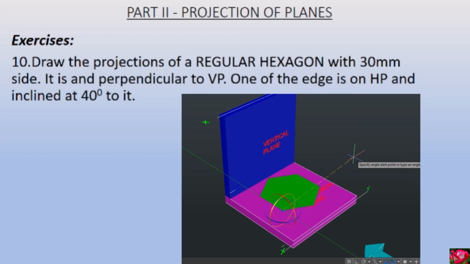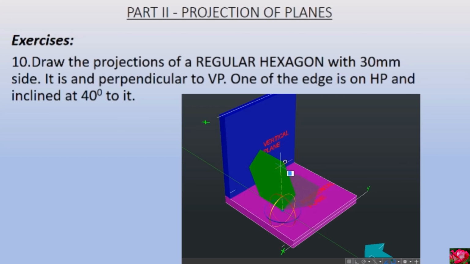So you see that now I am making an angle with respect to the horizontal plane, and in any case of this rotation, this is going to be perpendicular to the vertical plane, because you see that however I keep the hexagonal plane, from the front view it will appear as a line. Front view means from this side.